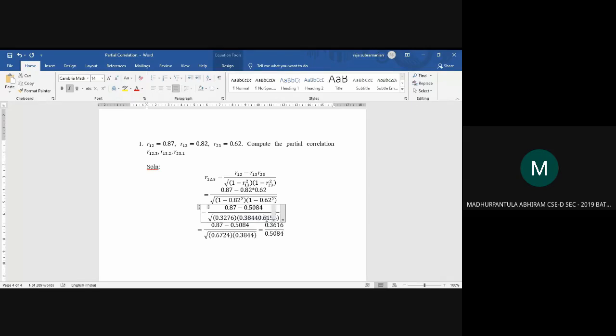And this should be multiplied. The square root of 0.3276 will give me 0.4490.